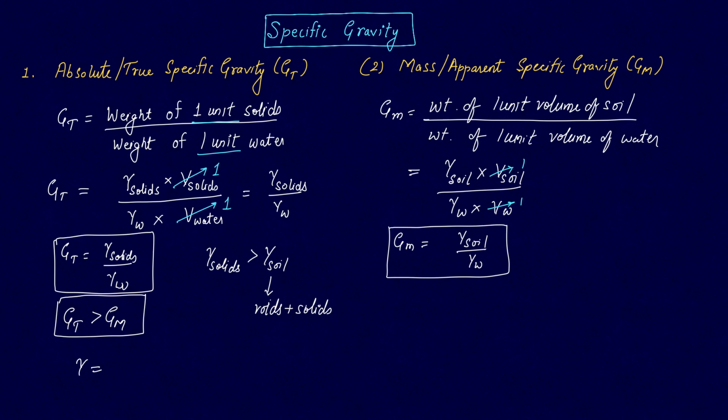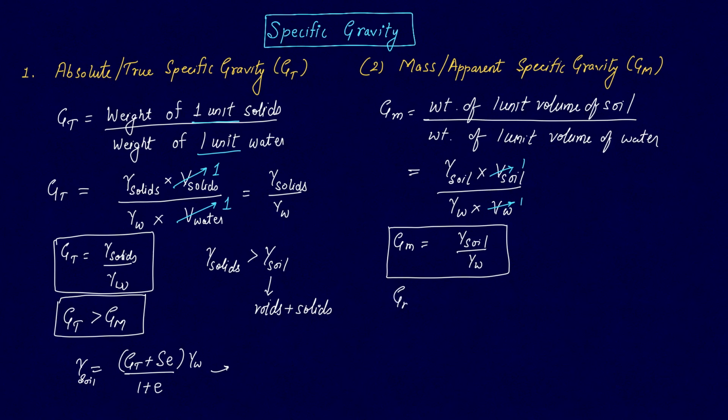Just assume that the formula of gamma for the soil is equal to GT plus SE into gamma W upon 1 plus E. Just assume that this is a formula that we are going to derive in our upcoming lectures. Now we use this formula in gamma of soil.